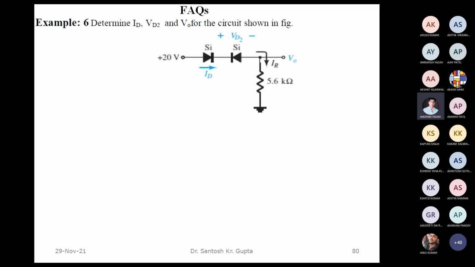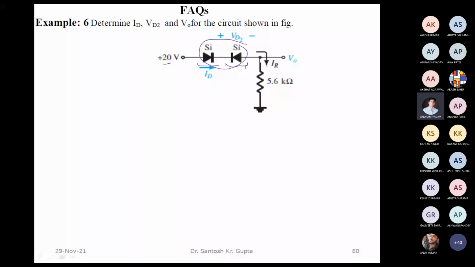As an example, let us see another case in which two diodes are connected opposing each other. In such a case, when we have two diodes opposing each other, one diode will seem to be on, whereas the other diode will see this potential as reverse biasing it.